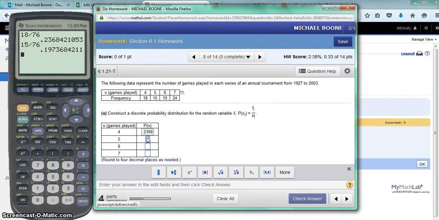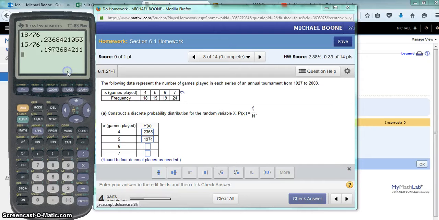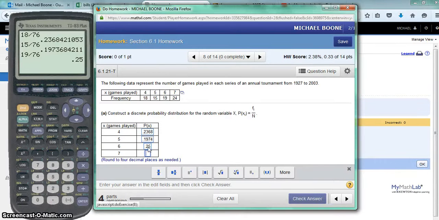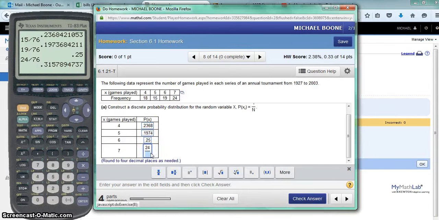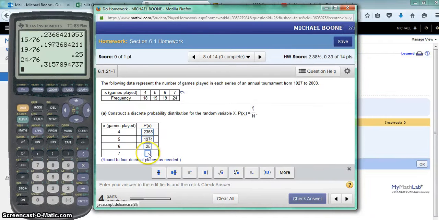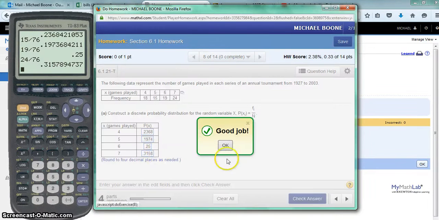So 0.1974. 19 divided by 76 is 0.25. And again, hopefully this last number will be a value that, if I add them all up, would get me something that adds up to 1, 0.3158. So again, that's how we find this probability distribution.